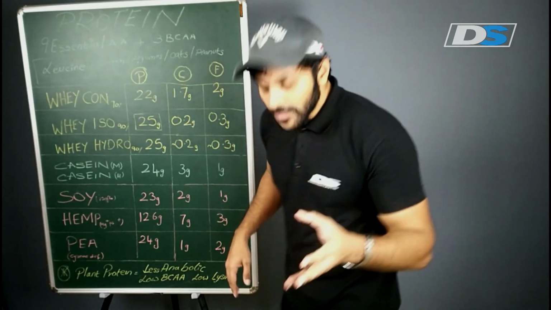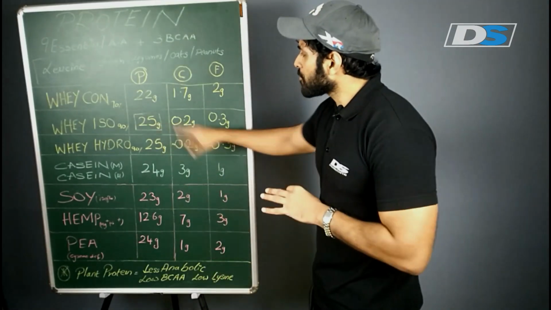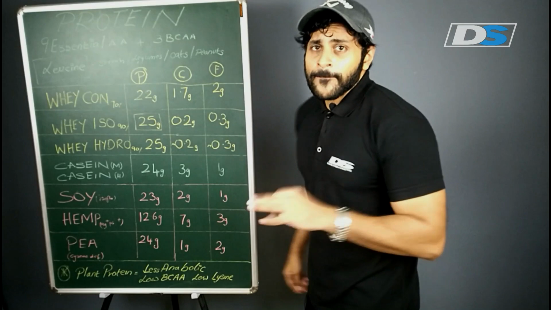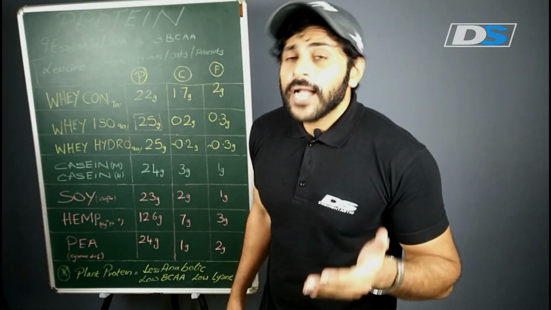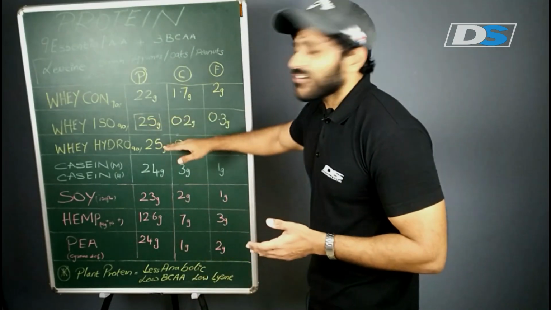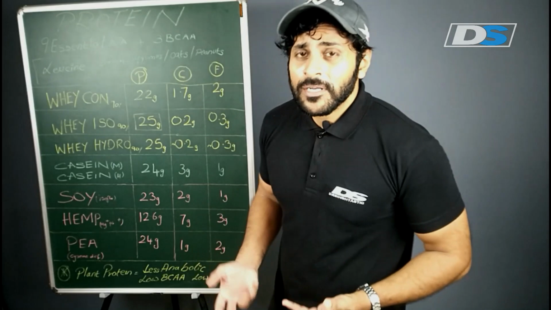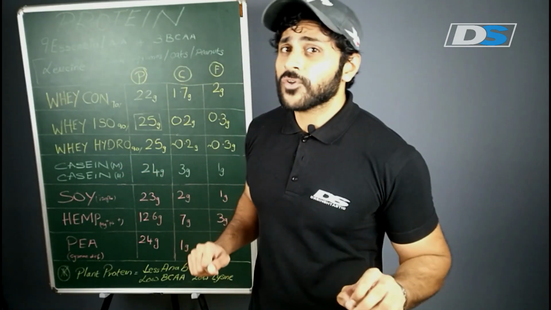Hydrolyzed, now this is a third category of protein. Hydrolyzed has the same kind of profile compared to isolate, but it goes through another stage of processing where they add some digestive enzymes to it. Once they add digestive enzymes, the proteins get further digested, so they are pre-digested. So once you consume it, it quickly gets into your bloodstream and you have the benefits of a protein.